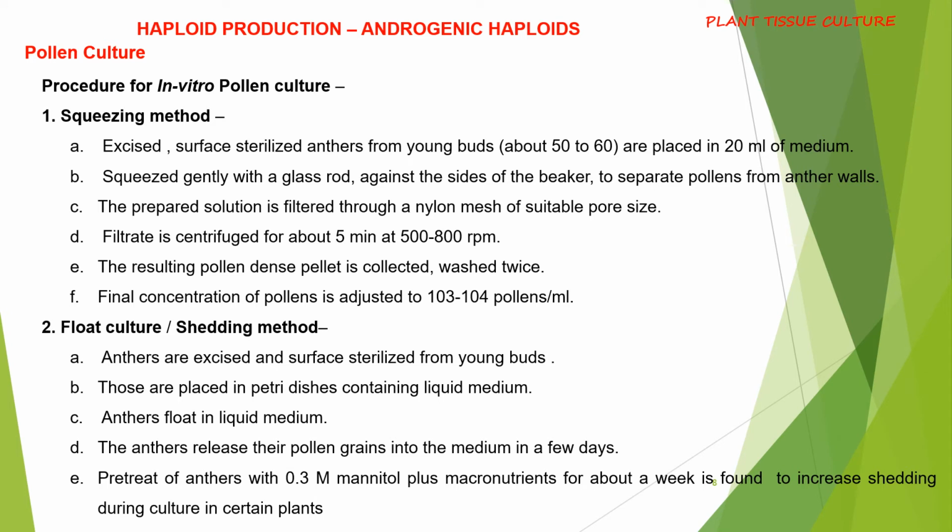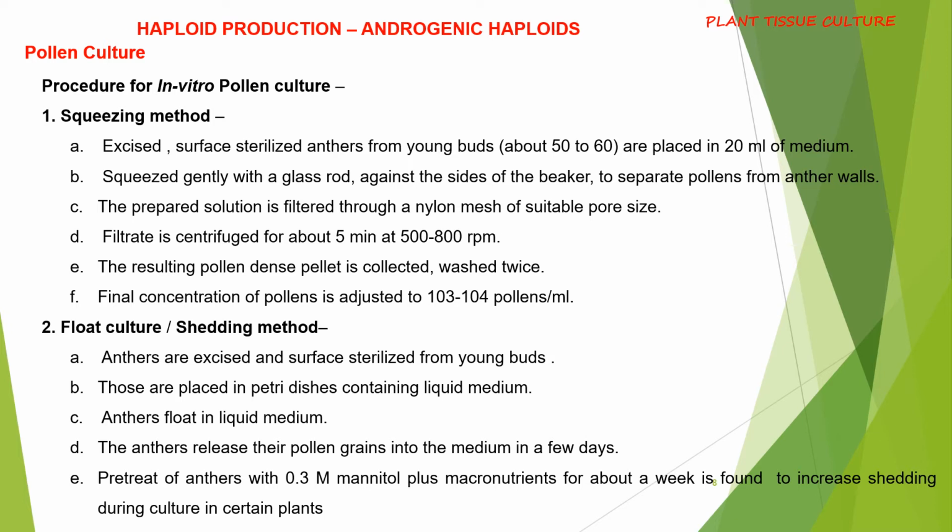Haploid production by means of pollen culture. There are two ways of extracting or isolating pollens from anthers for haploid culture. First, squeezing method, and second, float culture method. In squeezing method, the young flower buds that are excised from the mother plant are surface sterilized and the anthers are placed into 20 ml of medium.